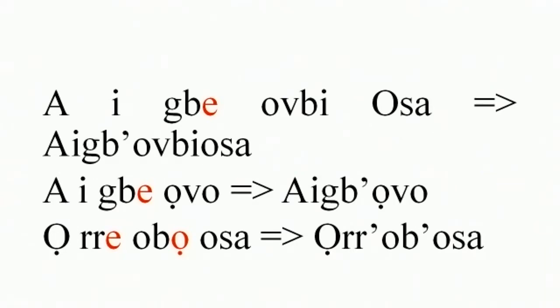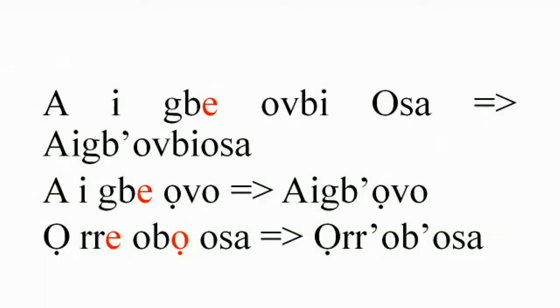But you find there in red, the A of B has been elided. So when you are going to write that in running speech, the apostrophe must be where that sound was elided. So you have Ore, Obo, Osa. I would say Orobosa.